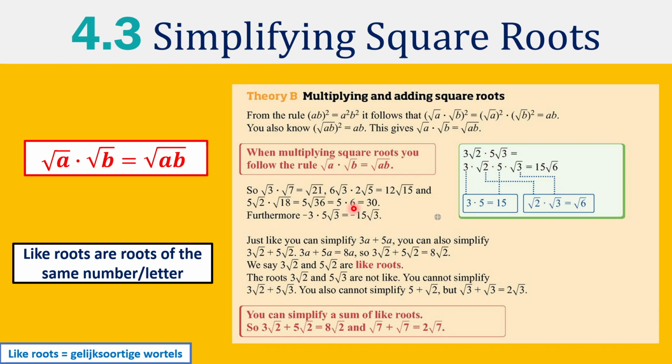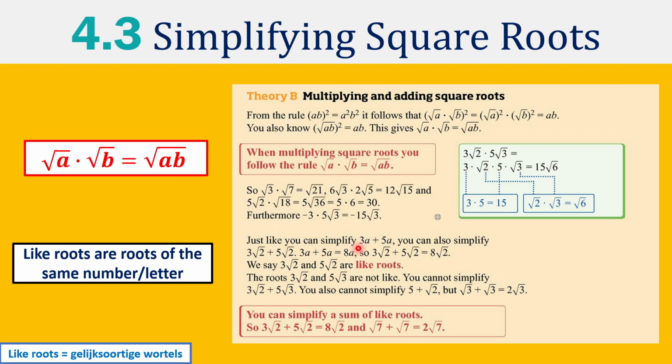So 5 times 6 equals 30. Right? This is the rule for multiplying with roots. You can always simplify multiplications with square roots. But you cannot always simplify everything with roots if you have additions and subtractions.